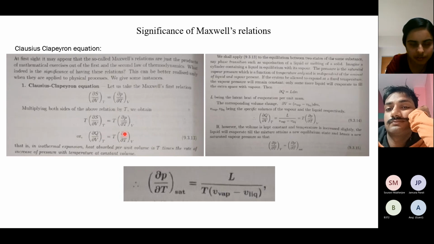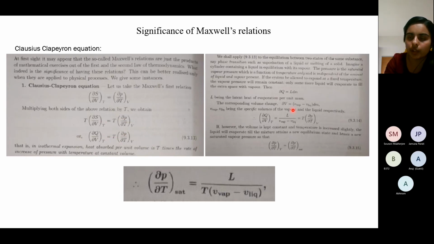From there what we get is this relation. Why this is interesting is that if we consider a process which involves latent heat, let us consider the transfer from liquid to vapor phase, where there is a latent heat of evaporation involved. Then we can replace the heat term with L into dm, where m is the mass differential. The corresponding volume change is given by the difference in specific volumes, and you can find the expression for the volume change.